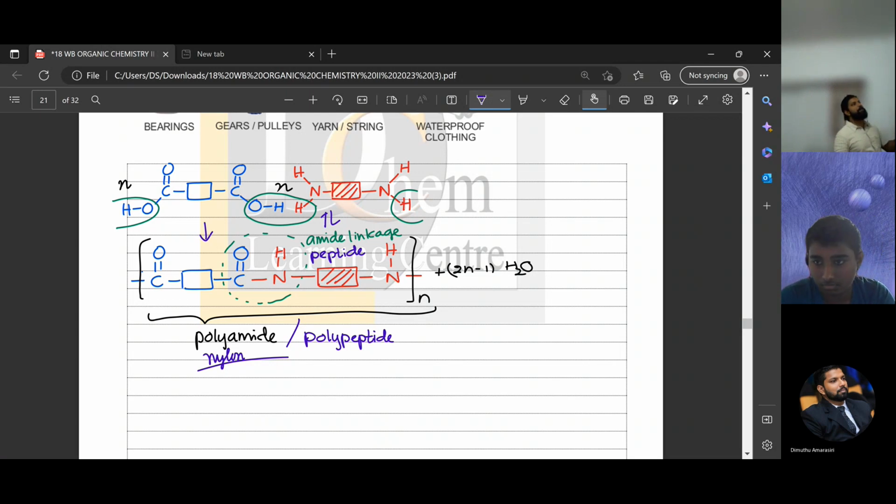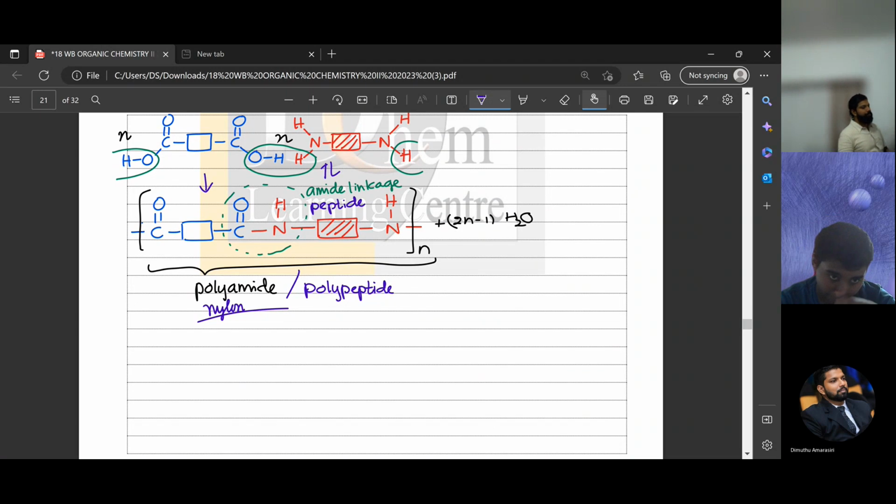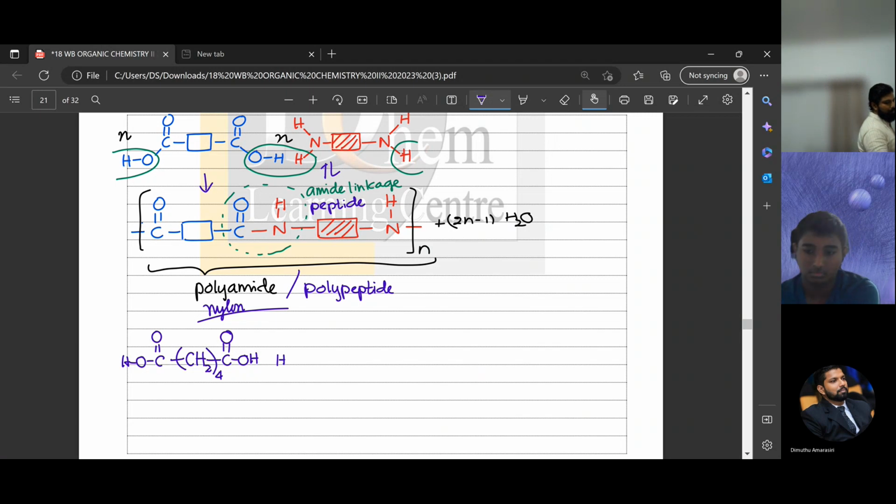Right, let me give you the example. You can modify the structure and write in the way that you want, but I write it in the normal way.